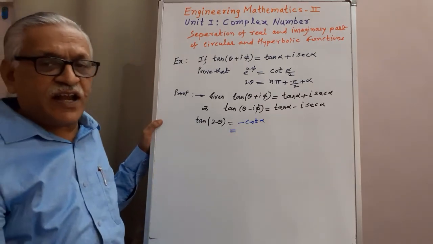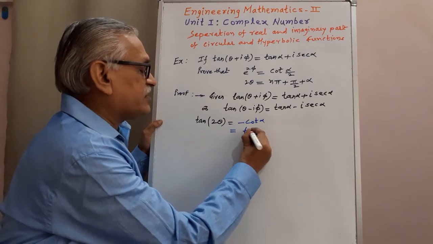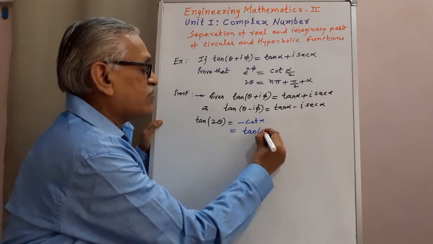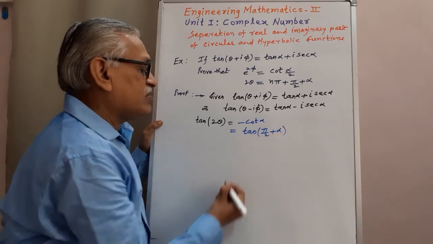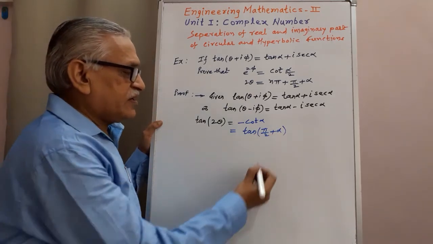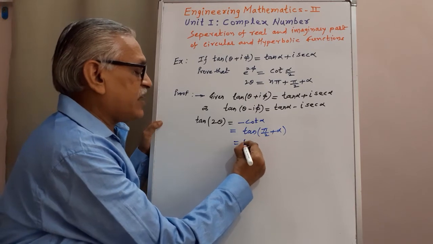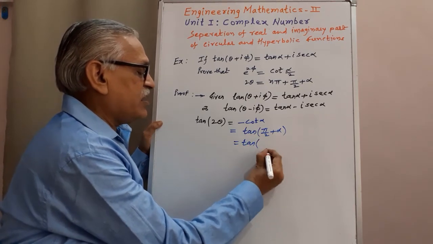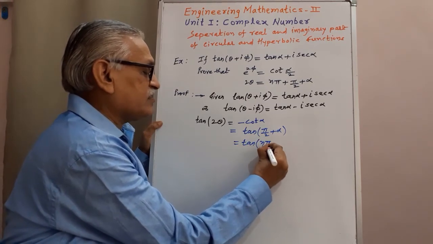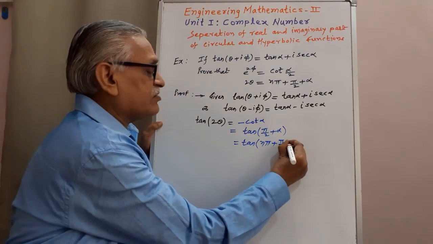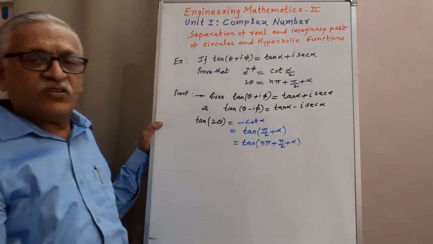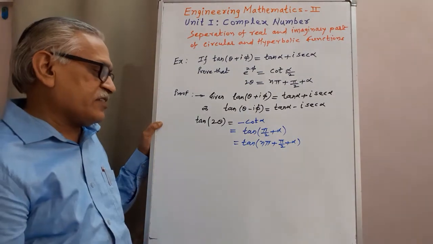Minus cot alpha we can write in terms of tan as tan of pi by 2 plus alpha, and tan 2 theta is tan of n pi plus 2 theta, here 2 theta is pi by 2 plus alpha, using all the standard trigonometric results.